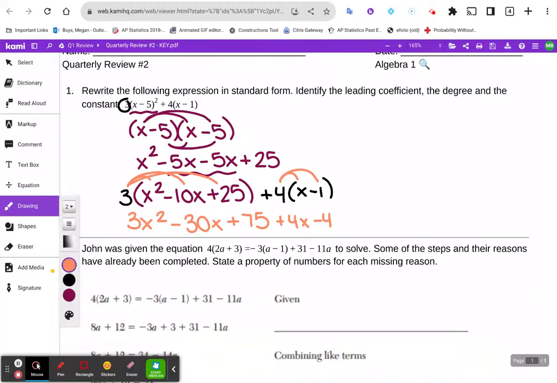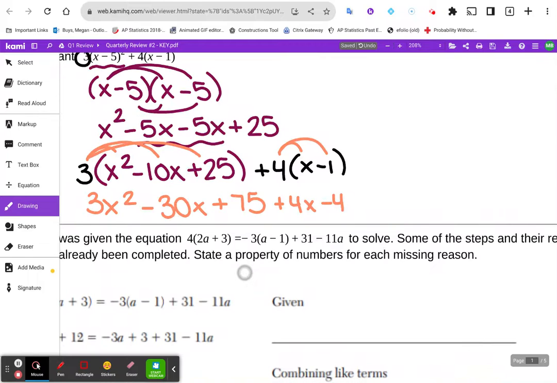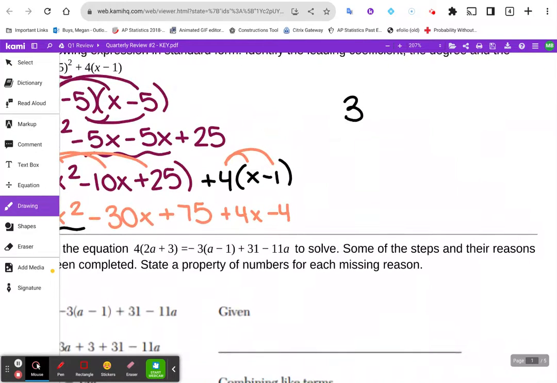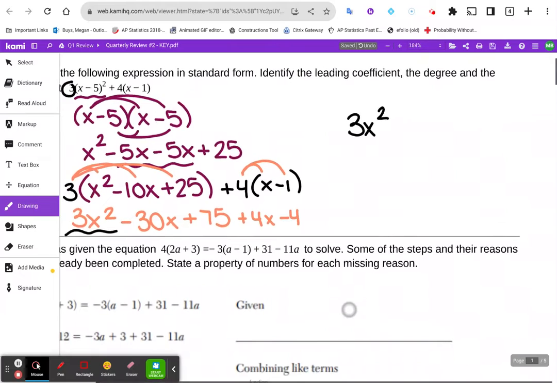At this point, I'm ready to do my combining of like terms. So I have here, the only thing with an x squared is that 3x squared. So that's going to stand alone here. And we're going to write that in front. Remember, in standard form, I'm trying to write the highest to lowest exponent. So I'm going to start with that squared, so that way it's already in front for me. Then I take the negative 30x.